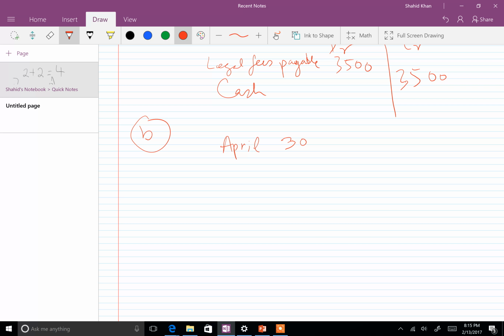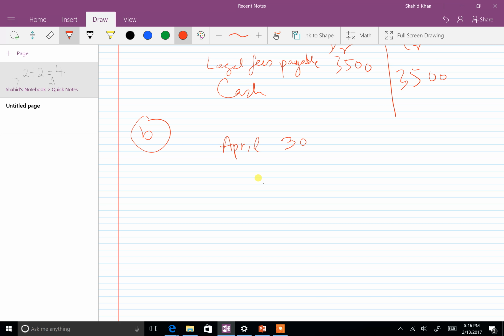The last time you made a payment was April 20th. From April 20th to April 30th, 10 days have passed. Those 10 days of time, the cost of the money in terms of time you have incurred, is called interest expense during the month of April. That belongs to April and not May. So you have to do an entry. It's called an adjusting entry for interest expense.